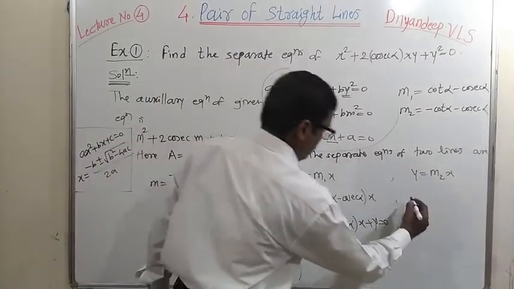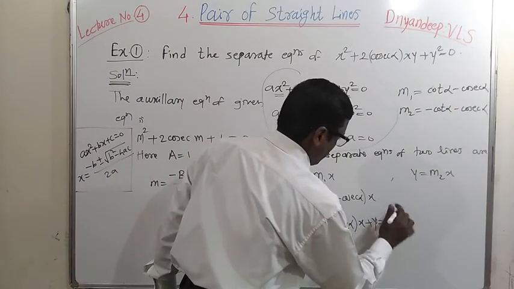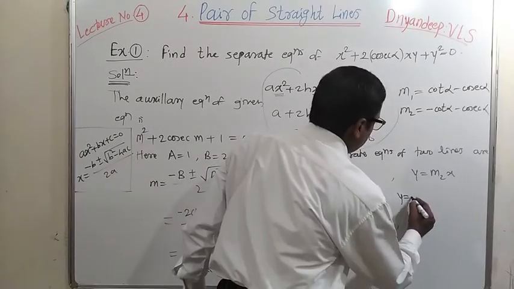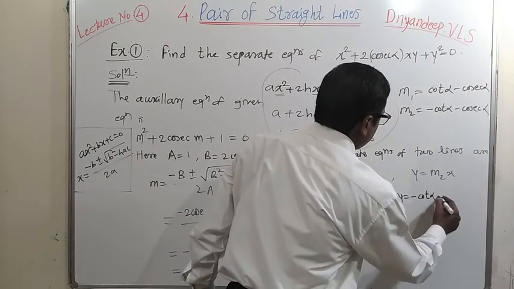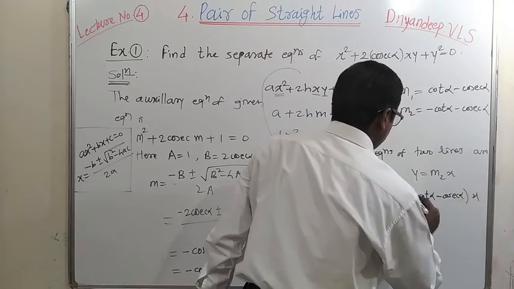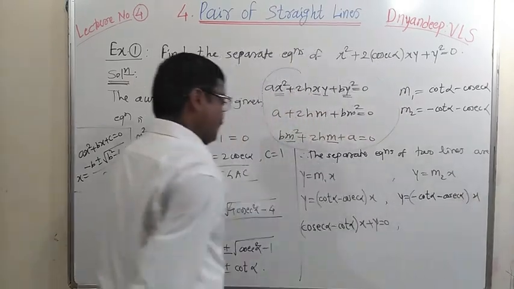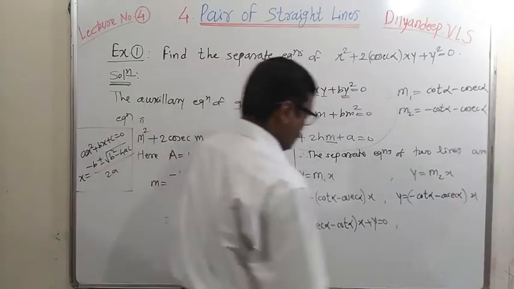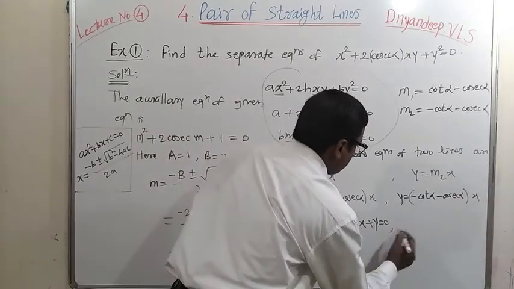Let us write the second one, that is y equal to, what is m2? m2 is this, both are negative, that is minus cot alpha minus cosec alpha out of bracket x. So both these will become positive whenever we take them to the left. Here we have taken positive sign for cosec, so we will write cosec first.